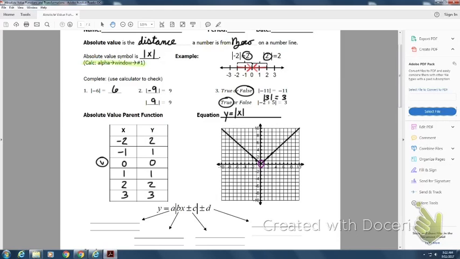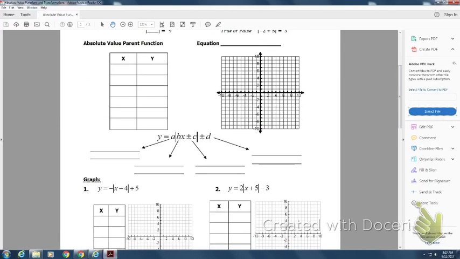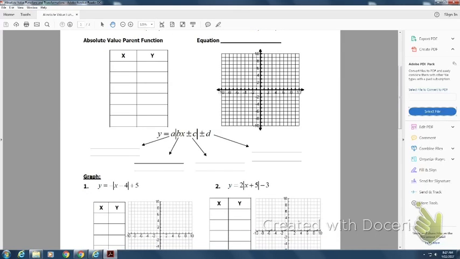So next, let's go down. Let's talk about those transformations again before we go on to graphing a little more complex equations. So we've talked about the C value already a little bit. If it is plus C, which direction is that going to go?